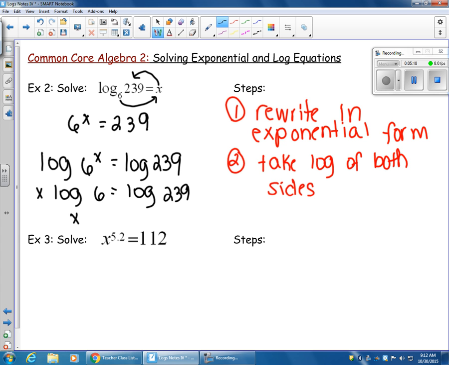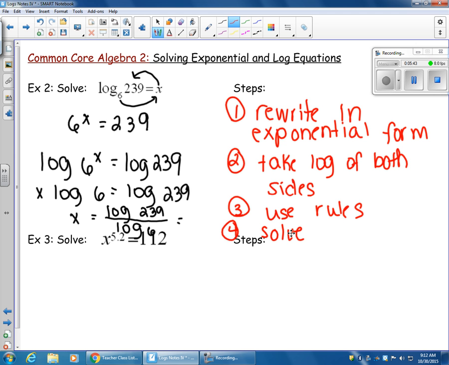And then divide by log of 6. Put it in the calculator and get your answer. And I got 3.06 if you round.